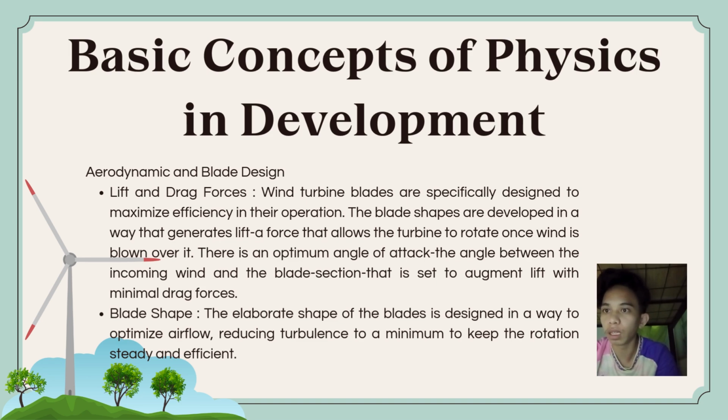The blade shapes are developed in a way that generates lift force that allows the turbine to rotate once wind is blown over it. There is an optimum angle of attack, the angle between the incoming wind and the blade section, that is set to augment lift with minimal drag forces.